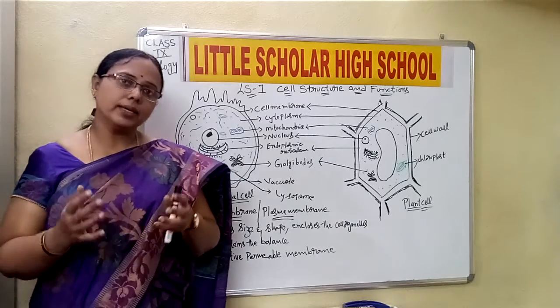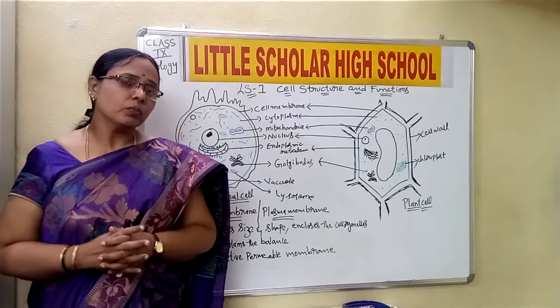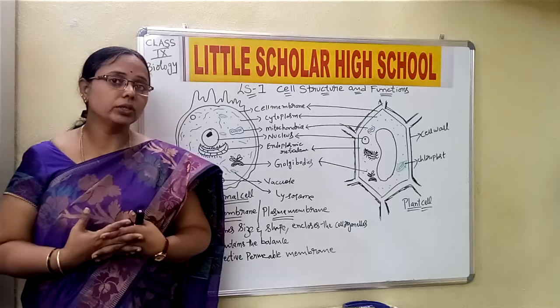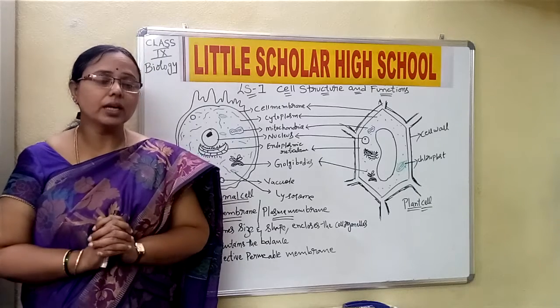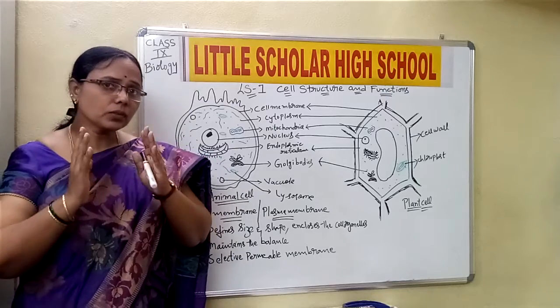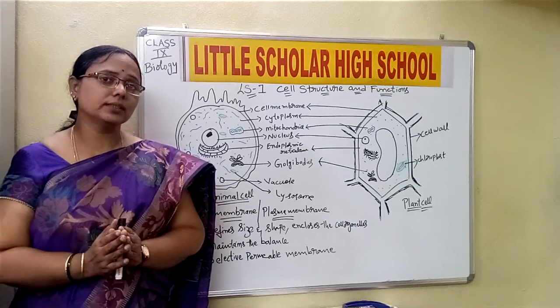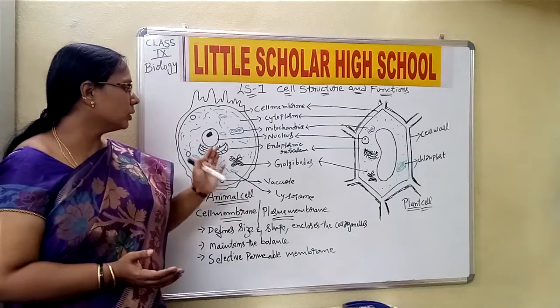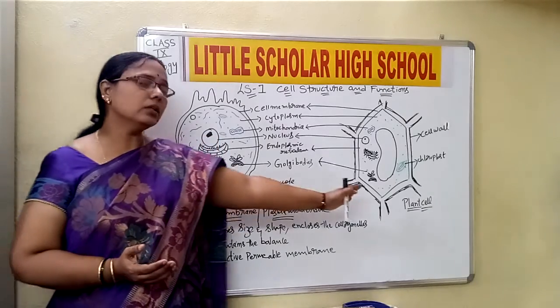So when we say it is the basic unit of life, we should know exactly what a cell is. And as per your lesson, we are going to discuss the animal cell and the plant cell.